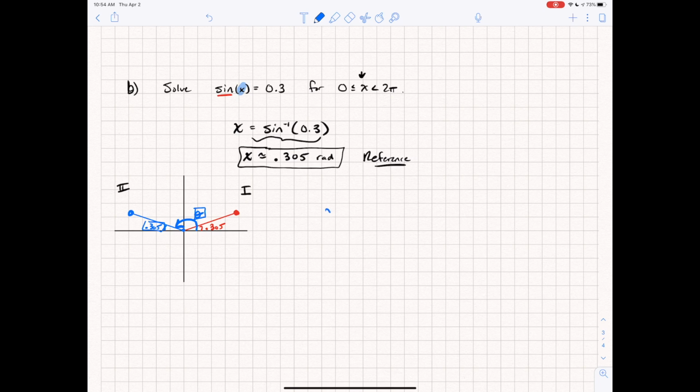Well, notice that that angle, which I'll call x, plus my reference of 0.305 must be equal to pi, because that would make one straight line. So now I can go through and solve for x by doing pi minus 0.305, which would be approximately 2.84.